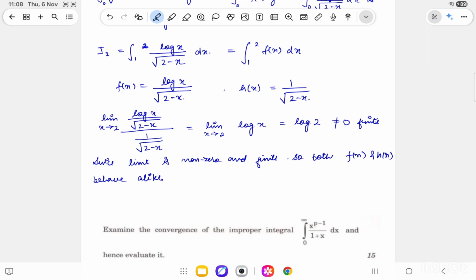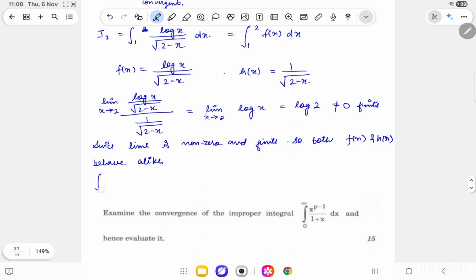So now let's check the convergence or divergence of the h(x) function. So it is the integral from 1 to 2 of 1 by square root of 2 minus x dx. That will be equal to square root of 2 minus x divided by minus 1 by 2, with limits varying from 1 to 2.